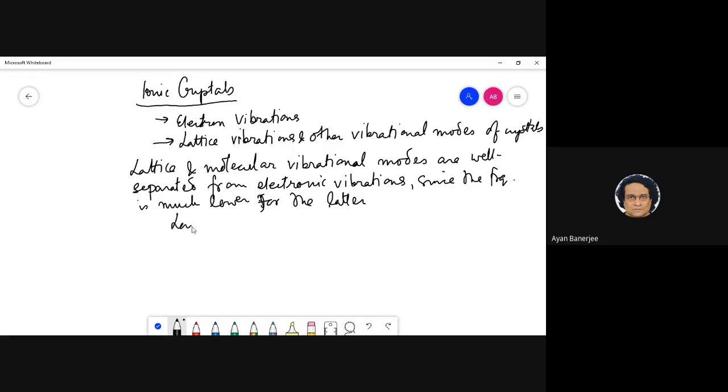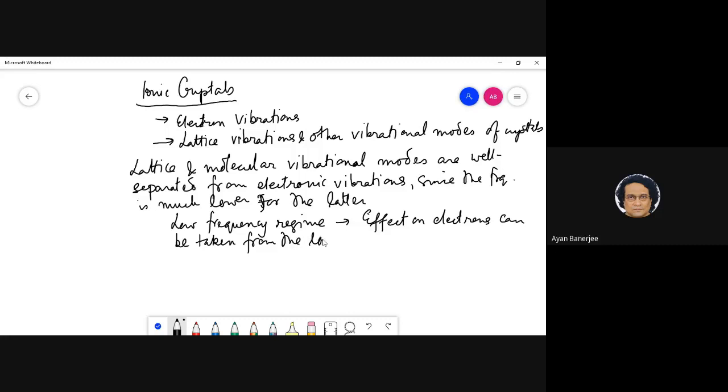So what I'm saying is the low frequency regime, essentially the effect on electrons can be taken from the low frequency limit of this epsilon.